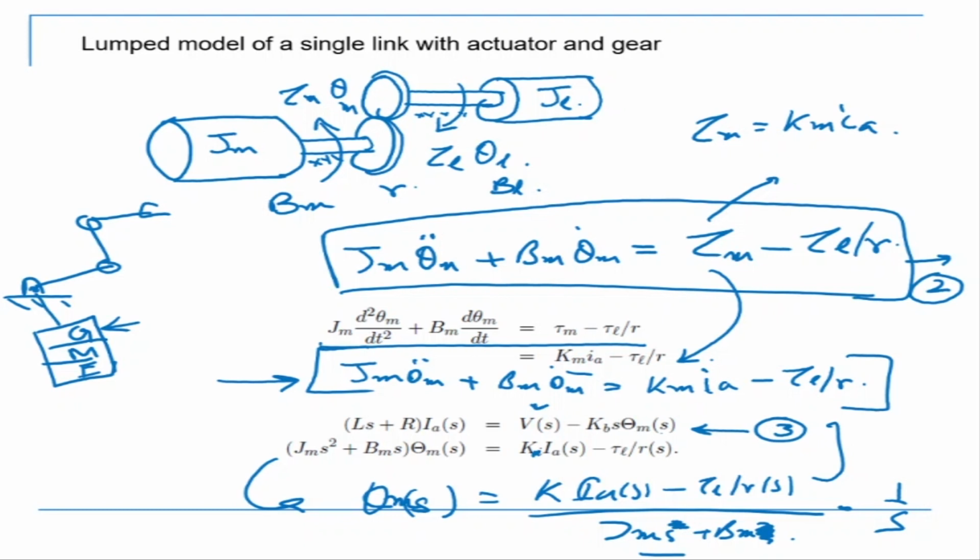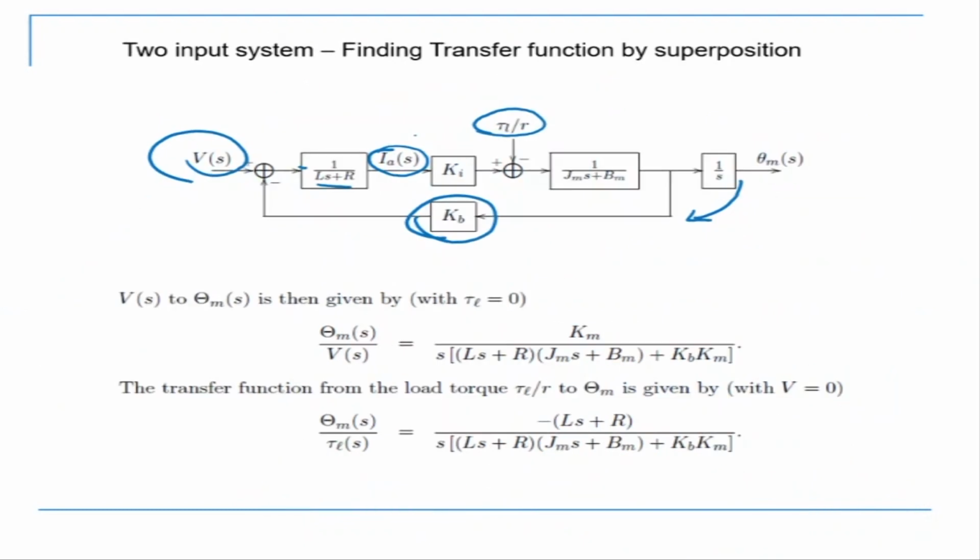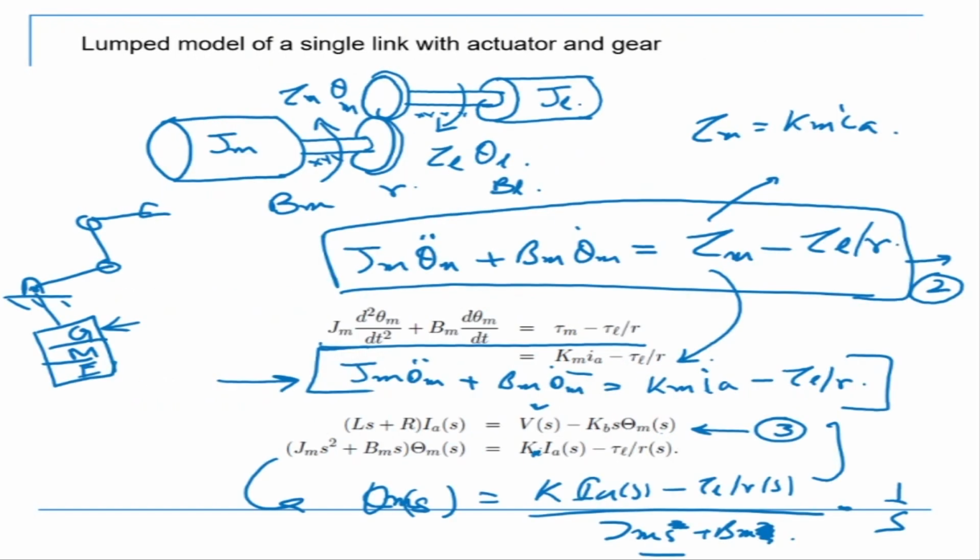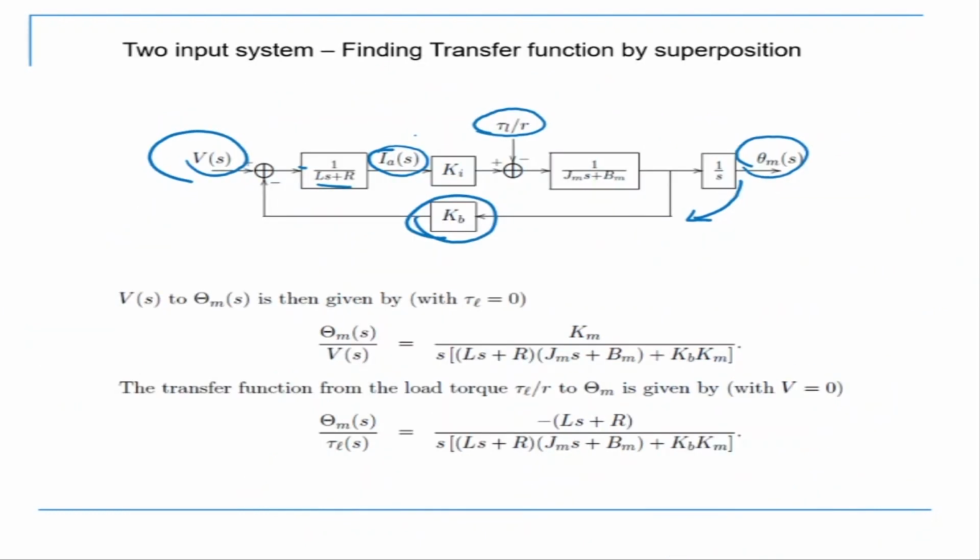That is equal to theta ms. If you look here, theta ms is equal to K into Ias minus tau L by R, so Ias into K, that is coming from here. It will be divided by Jms plus Bm, and there is a 1 by S there, and this is my theta ms.